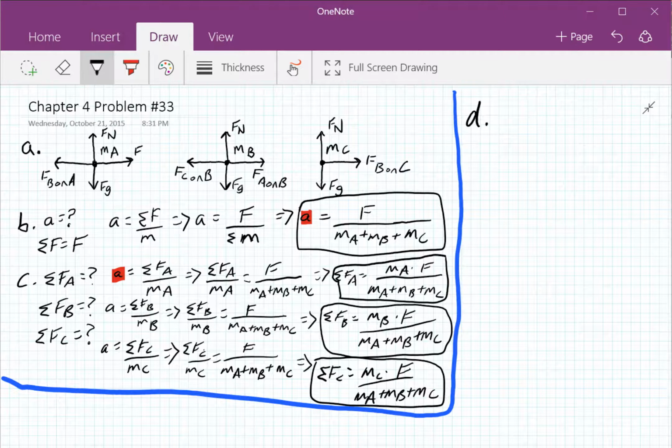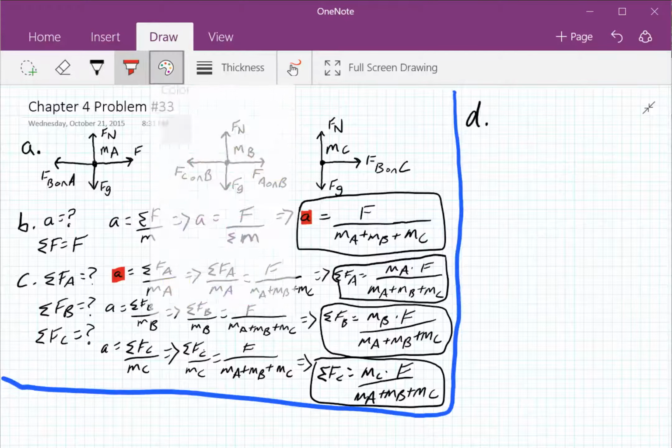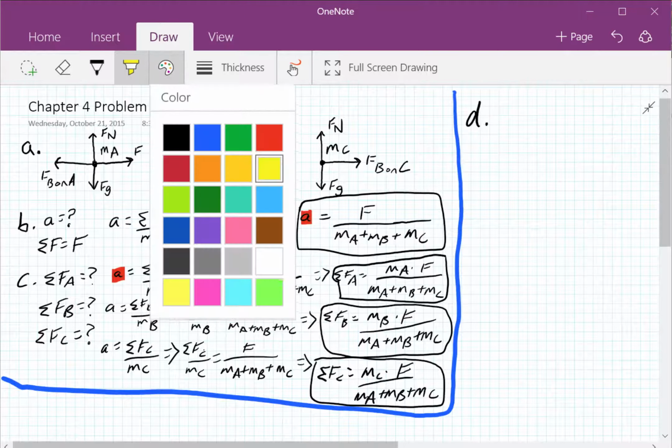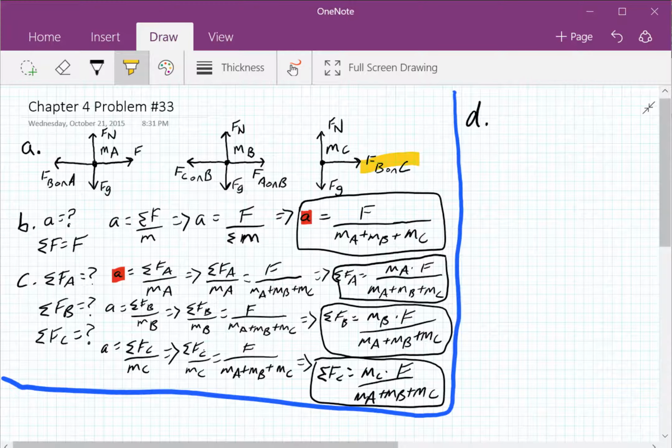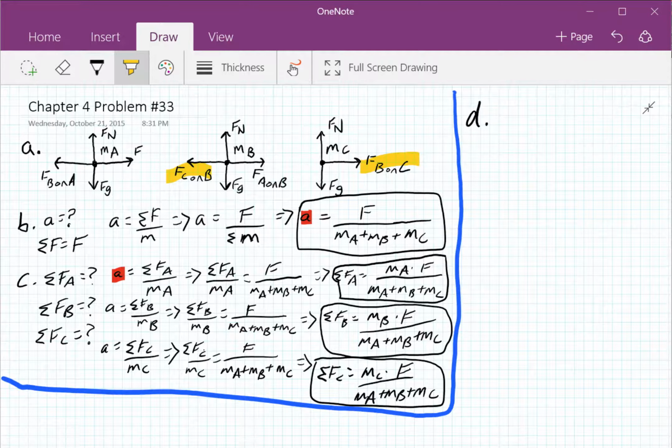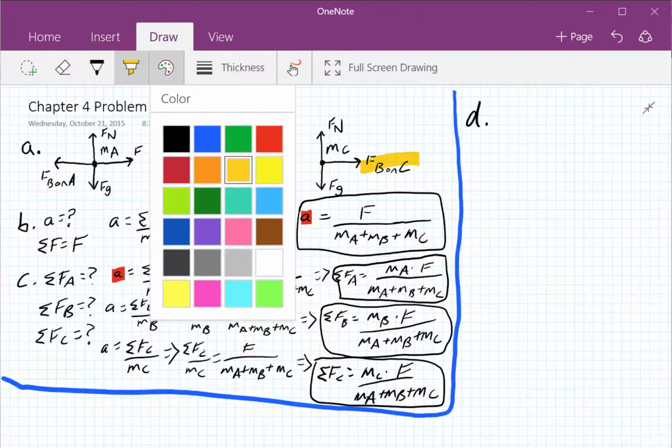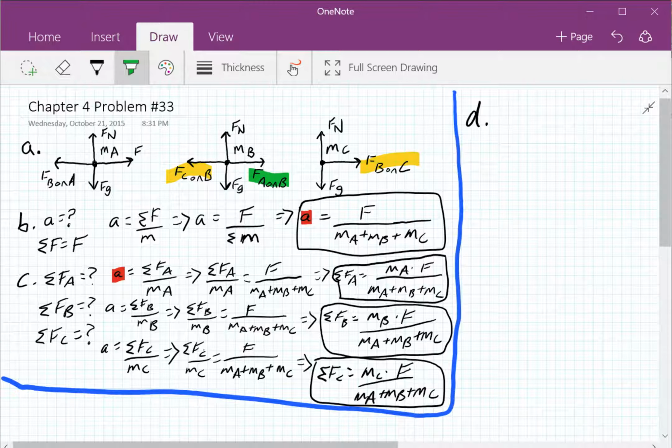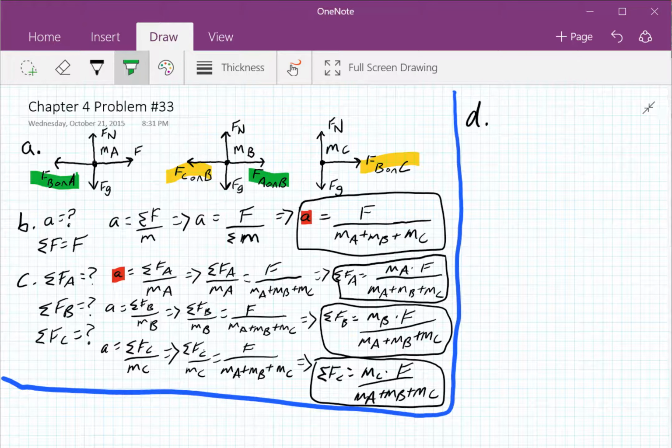So if we look at the internal forces, we can actually identify them. I'll highlight them for you. We have this internal force here paired with this one, and we have an internal force here paired with this one. Okay, so we only have two pairs of internal forces.